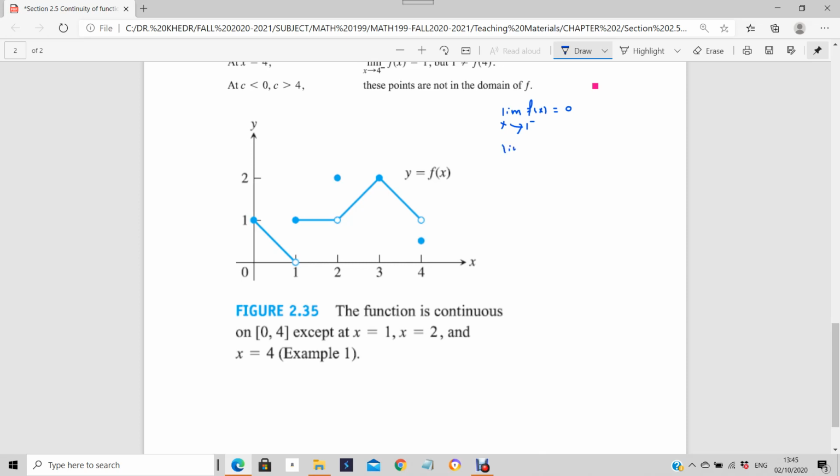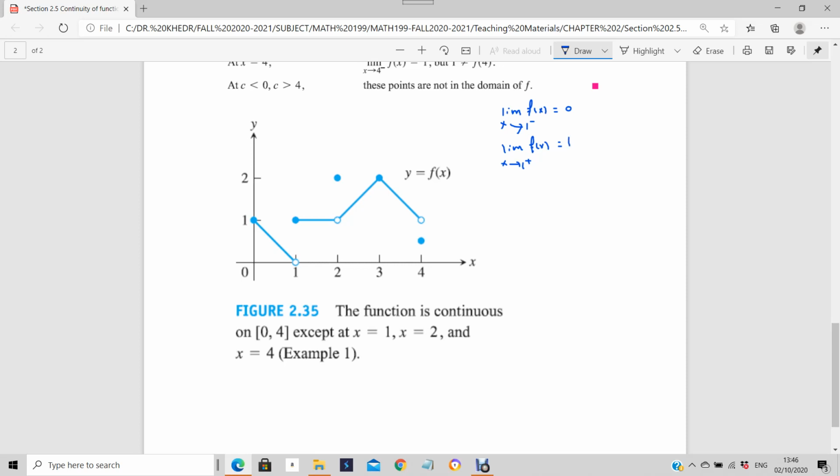How about the right side limit? Limit f of x as x goes to 1 from the right side: right side means we are interested in the region greater than 1, which is this horizontal line. The graph of the function follows the horizontal line here, so as we approach x equals 1 from the right side, the value of y is 1.